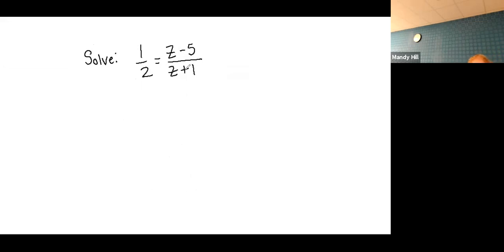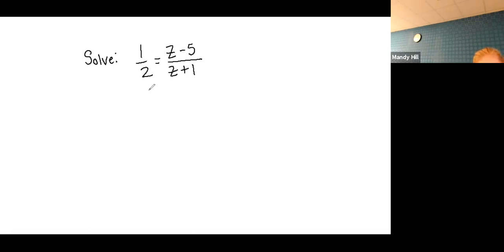Well, one thing I'm noticing right off the bat here is I can't have that z being on the top and the bottom and figure out what this is. So this is not the only method, but this is the first thing that I would want to do if I was solving this problem.